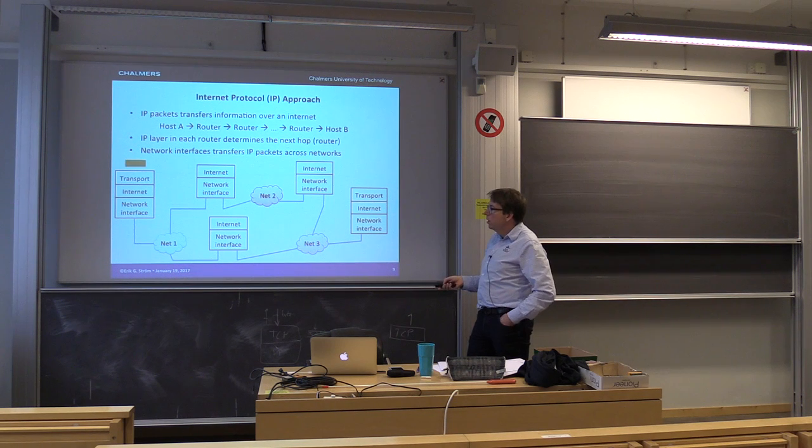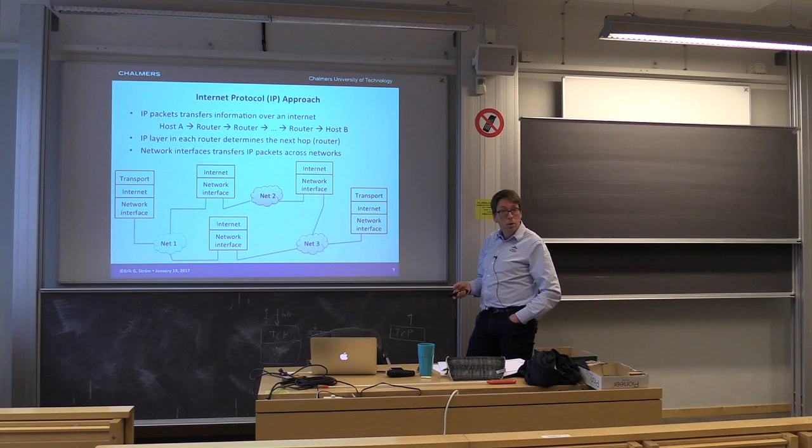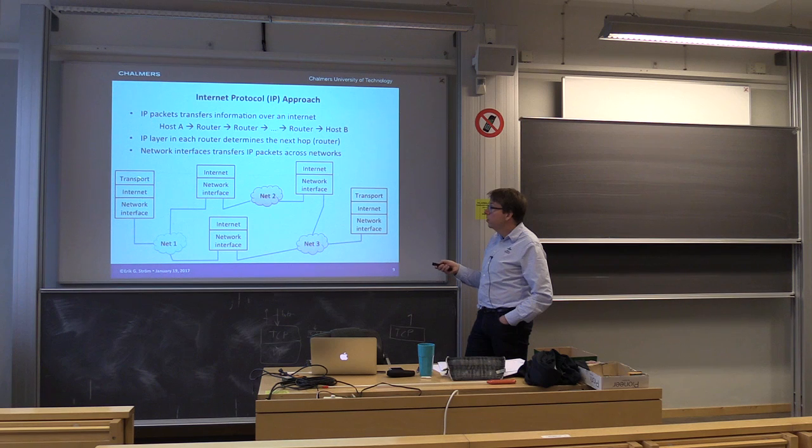So again, if we have another packet, it goes like this. It took another route through the network here, and that's fine too. The transport layer doesn't care as long as the data arrives. So the IP layer here is trying to use the network as efficiently as possible by providing end-to-end connectivity for the transport layer.